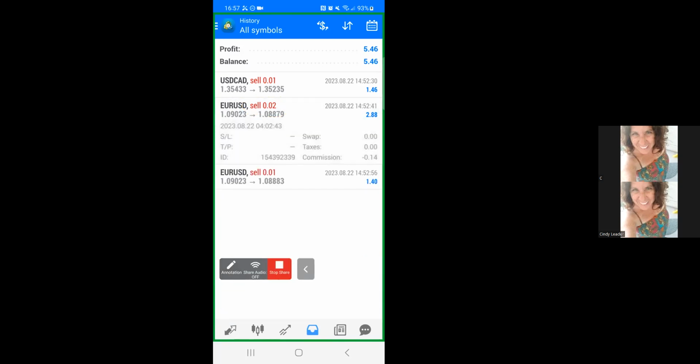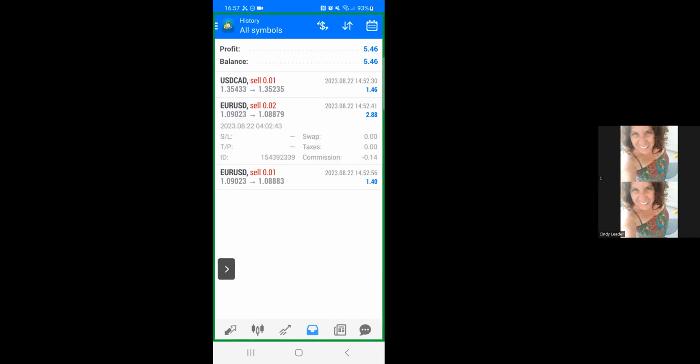Okay, I did find it. I just got confused. I'm like, wait, none of these numbers are right. That's because I took the math from this trade, which was from a 0.02. So let me show you how that works out. Sorry for that confusion. I'm like, where's my 144?